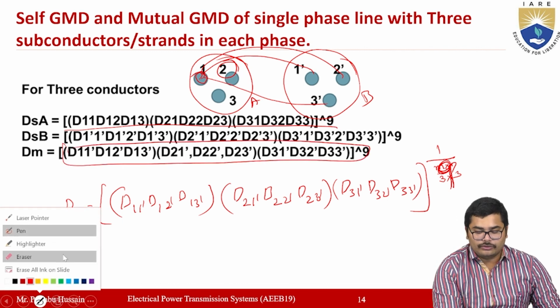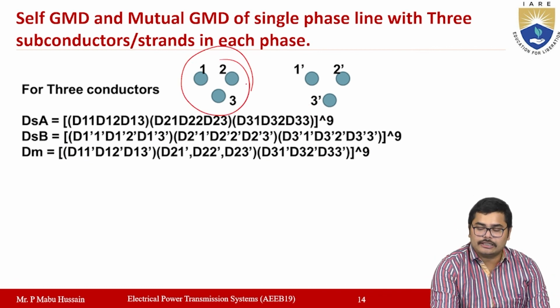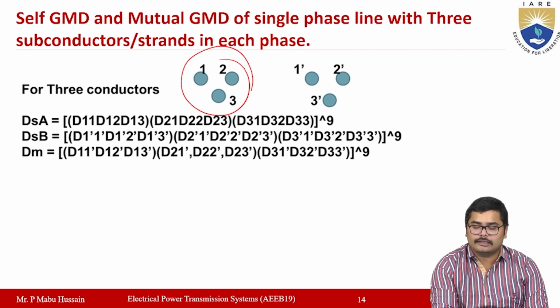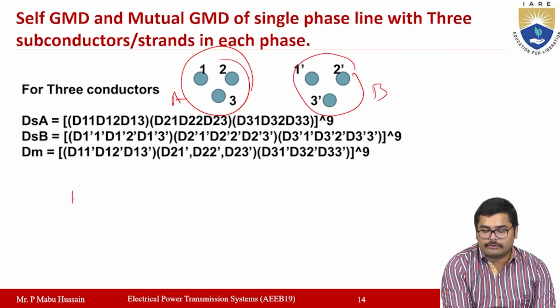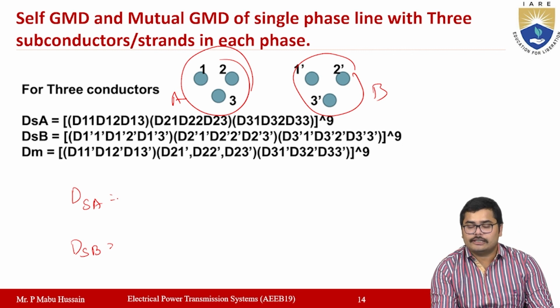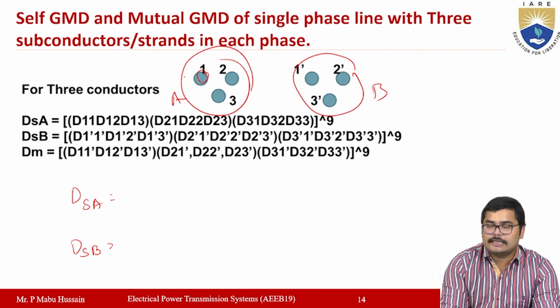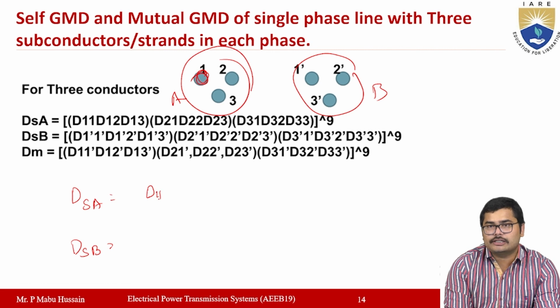Okay. So now if you write the self GMD, in the sense you have to consider only one conductor, either A or B, right? So self GMD of conductor A will be DSA, and self GMD of conductor B will be DSB here. DSA you can write by considering each subconductor. If you consider the first subconductor, you write all possible distances in the same conductor, so the self distance D11 also you have to consider, then D12, D13.